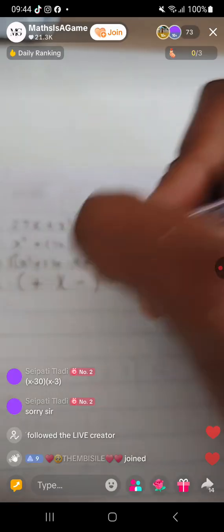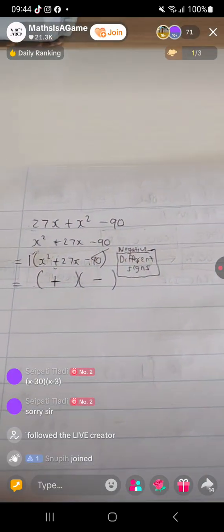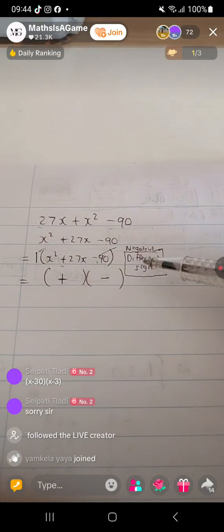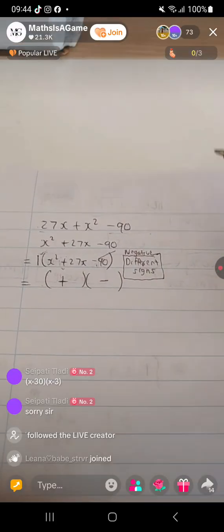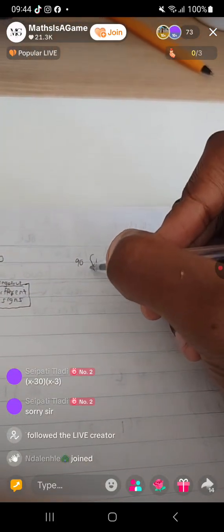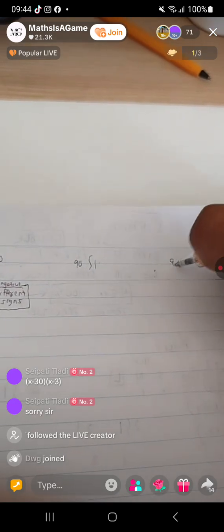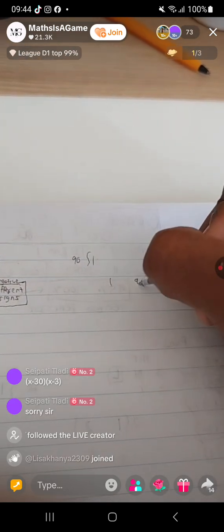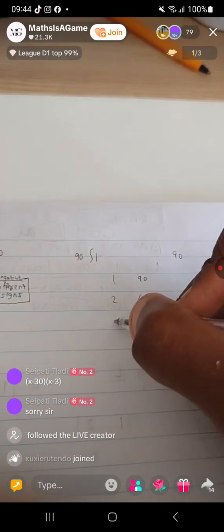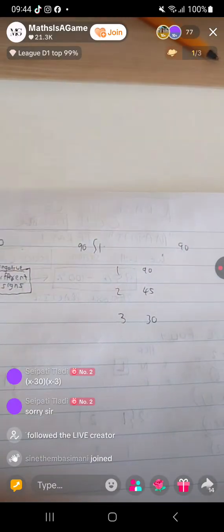So we are going to say positive and a negative. That takes care of the sign. Then we need the factors of 90, which when we multiply together would give us 90. So we have 1 and 90. We have 2 and 45. We have 3 and 30.